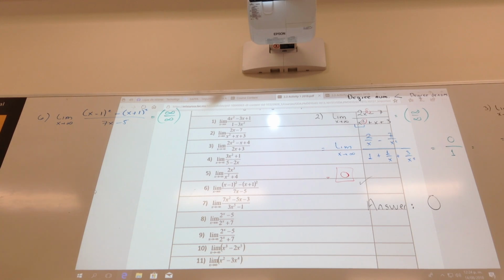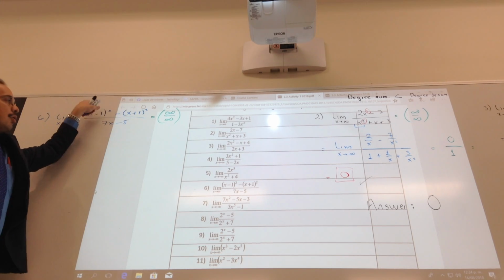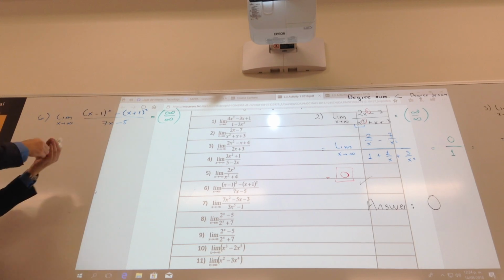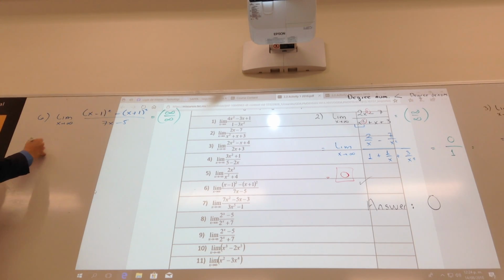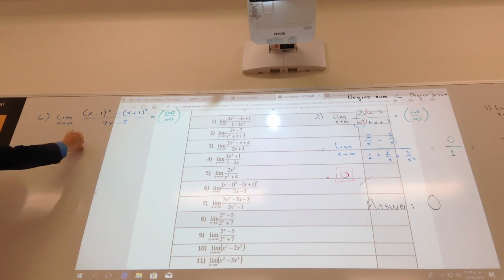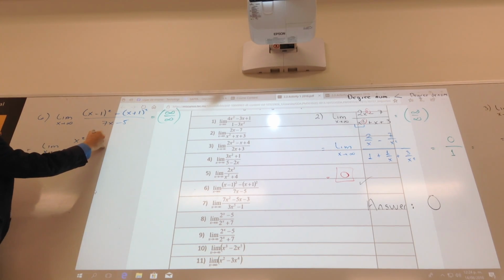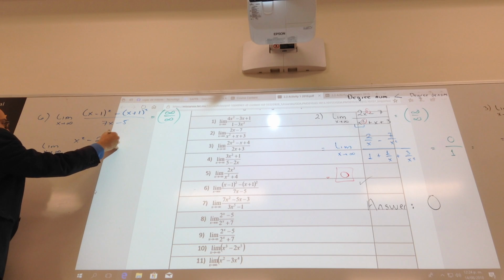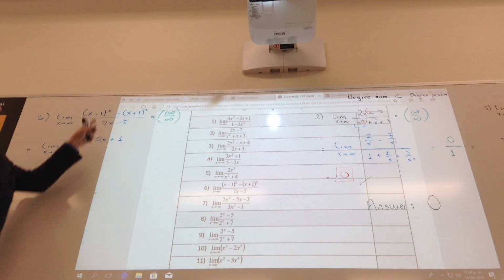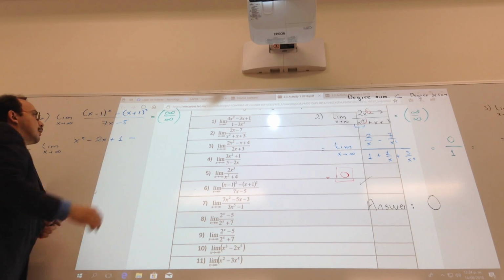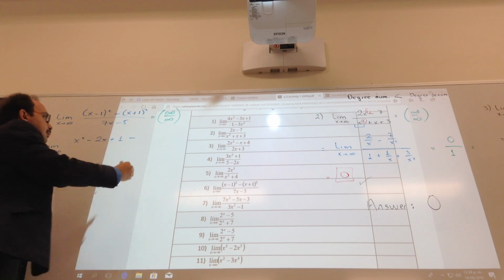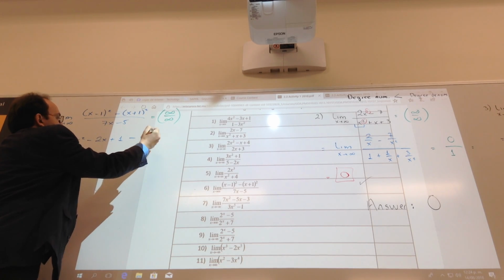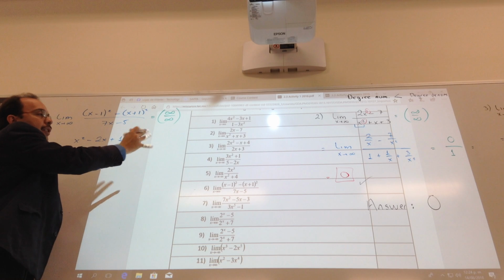Then you expand the binomials here. So it's going to be the limit as x approaches infinity of (x minus 1) squared, which is x squared minus 2x plus 1, minus (x plus 1) squared.